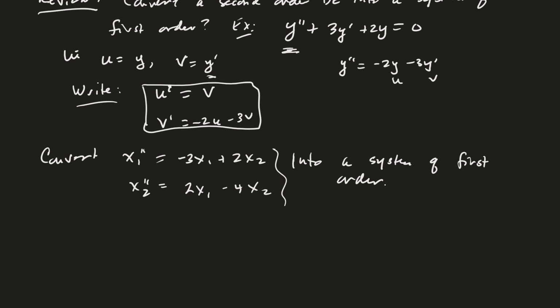We actually do the same thing, except one pair of variables is going to be going with one equation, and we'll need a second pair of variables for the second equation.